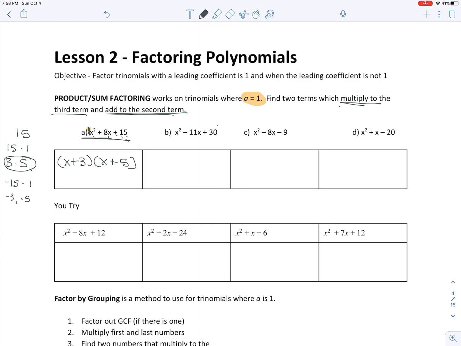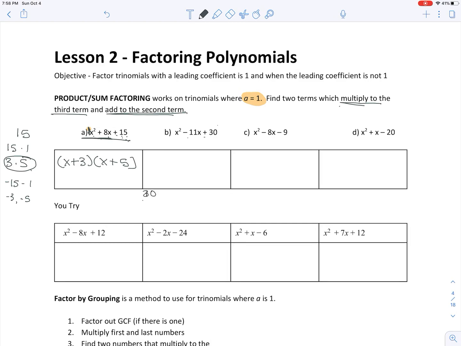Let's do the next one. We're trying to find two numbers that will multiply to give us positive 30, but add to get negative 11. Because 30 is positive, that means both of the numbers have to be either positive or both negative. Since I want a negative in the middle, both of these numbers have to be negative. So what two numbers can I multiply to get 30?